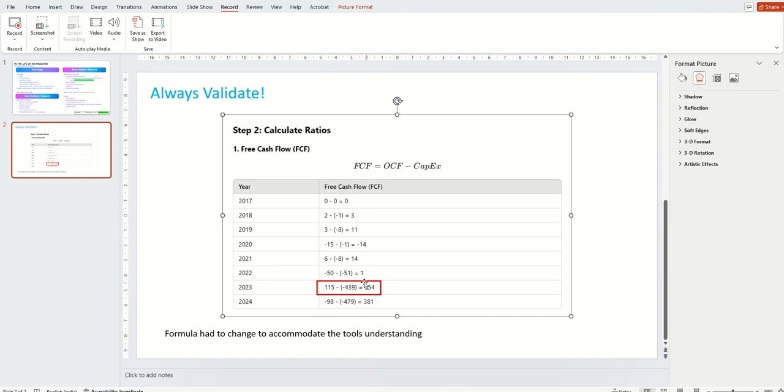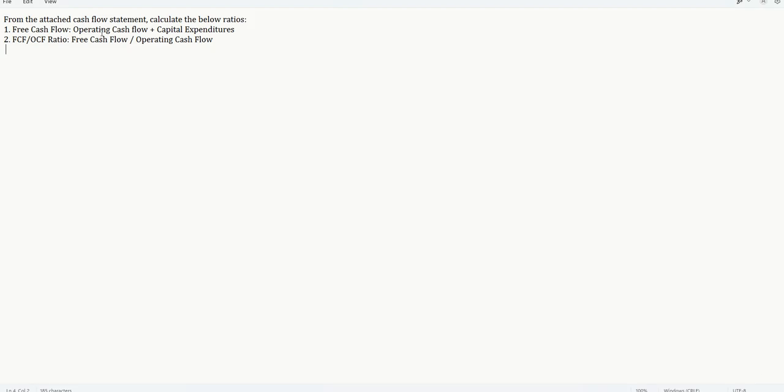Here you see it's showing a huge positive free cash flow, which is false. The reason is that the tool is not able to differentiate the minus used in the formula from the minus already there in the image as an indicator of cash outflow. Hence, to compensate for this, I am just putting plus in my formula.